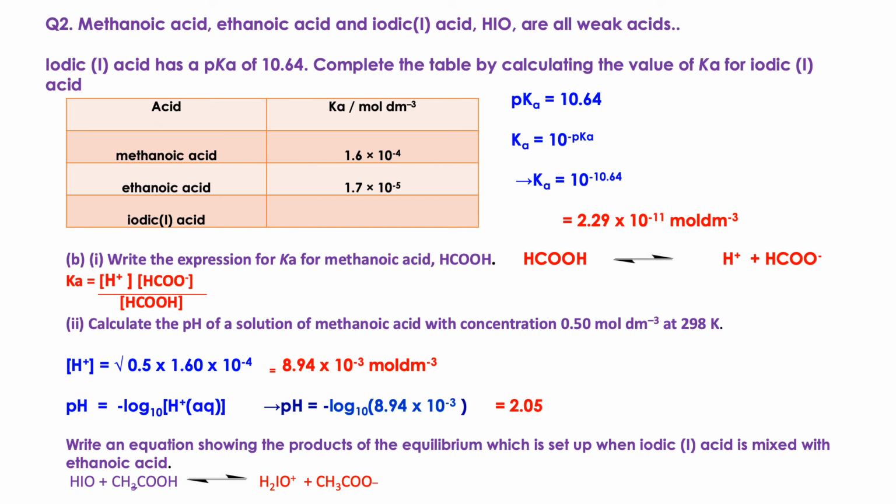To find the pH, we use the formula pH is equal to minus log of H plus. Substituting the value of H plus from the previous equation, pH is equal to 2.05.